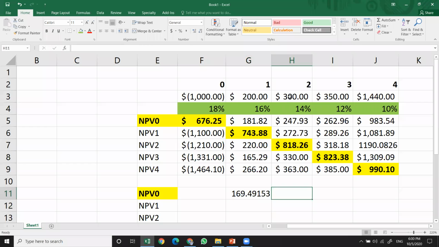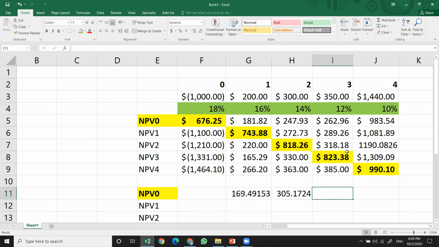Then we move to 300. 300 considers 2 discount rates, 18 and 16, divided by 1 plus 16 times 1 plus 18.